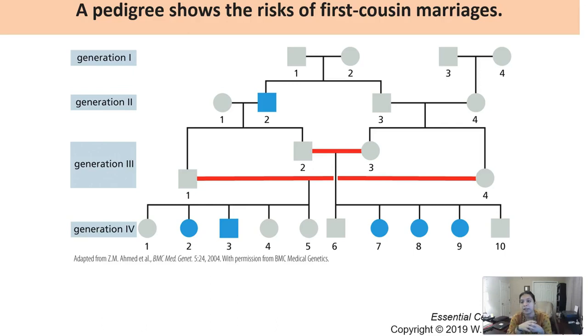This type of segregation of alleles, this type of inheritance makes it important to increase variability in a population through marriage of individuals that are not closely related.